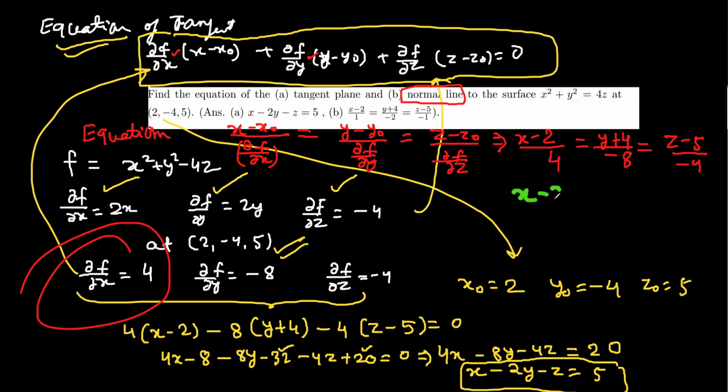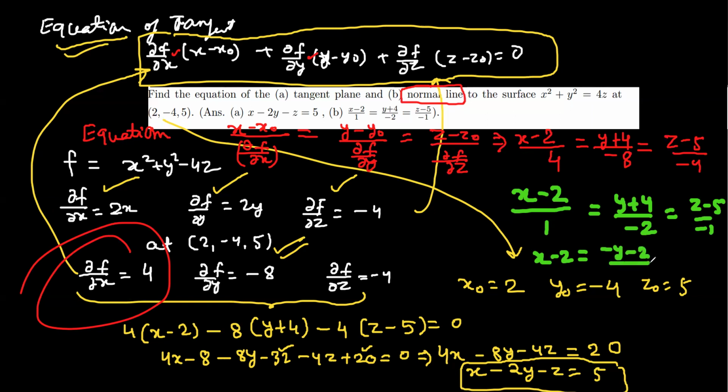So x minus 2, you can divide by 4 on all sides. When you divide, you will get x minus 2 upon 1, equal to y plus 4 upon minus 2, equal to z minus 5 upon minus 1.